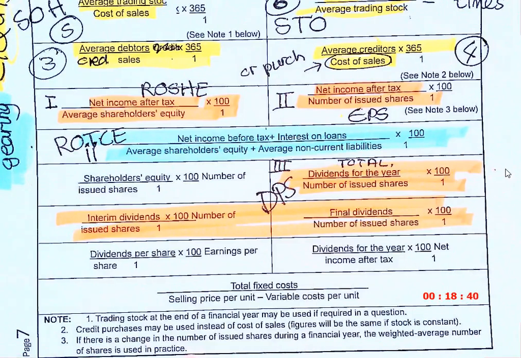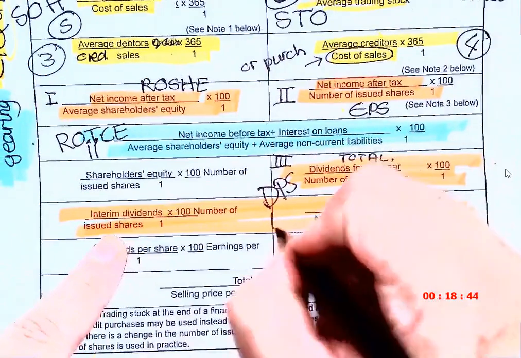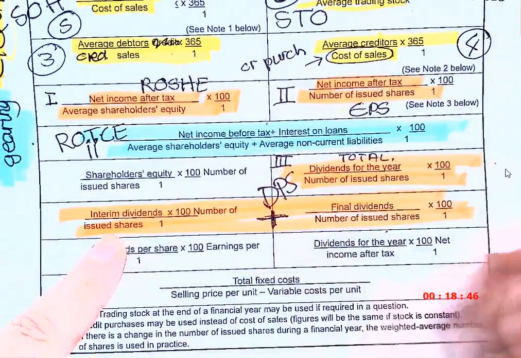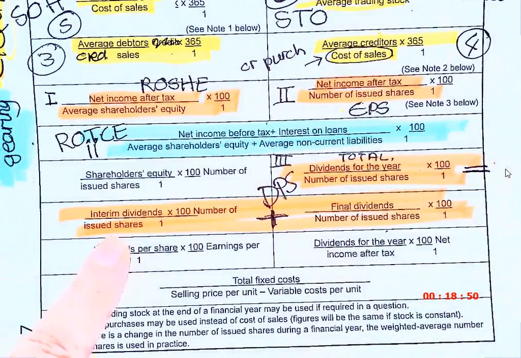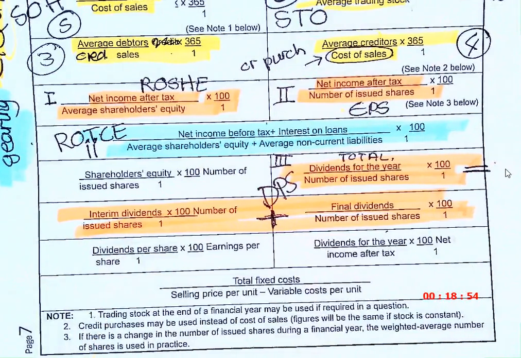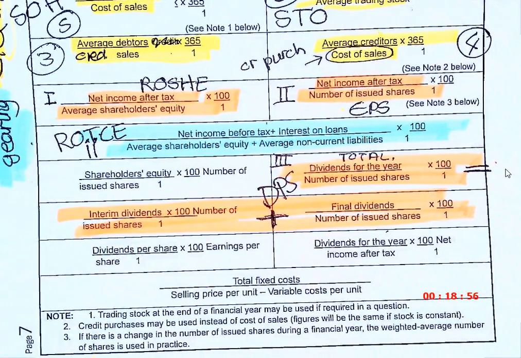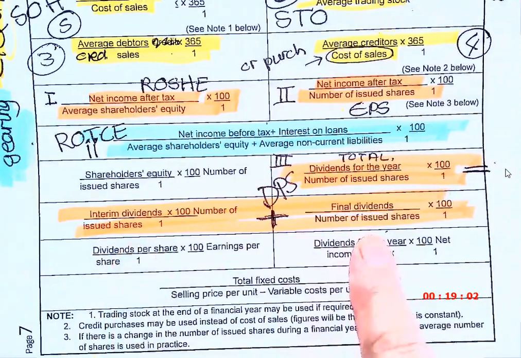So you're going to work out your interim separately and your final separately, and that would give you the total. So you can use this one if there's no change in the number of shares.